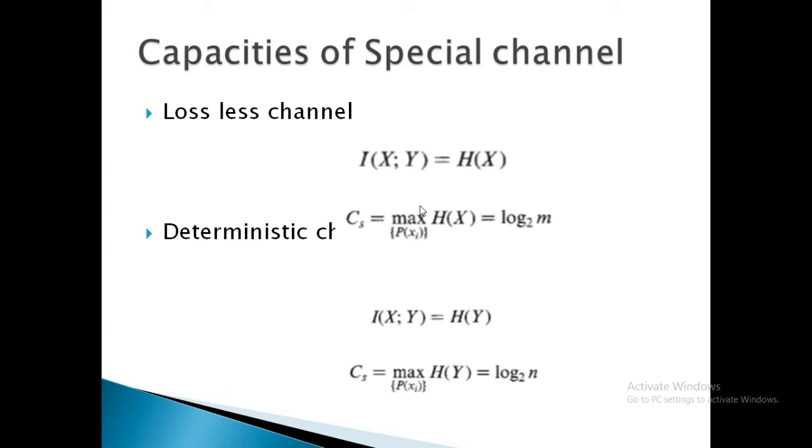Deterministic channel. In a deterministic channel, the information is equal to the output entropy. If the information is equal to the input entropy, it is the lossless channel. If the information is equal to the output entropy, it is called a deterministic channel, and the maximum of entropy is equal to log base 2 of n.